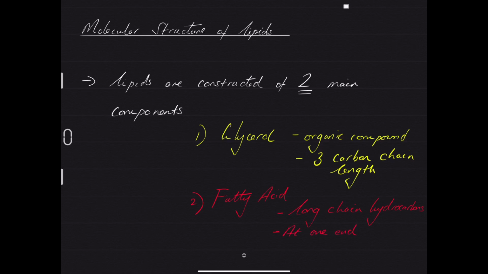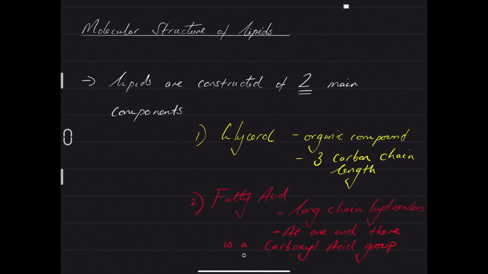At one end of this long chain hydrocarbon of each fatty acid, there is a carboxyl acid group. We will come on to carboxylic acids later, because they're a specific functional group that we look at in organic chemistry, but this is in biology.